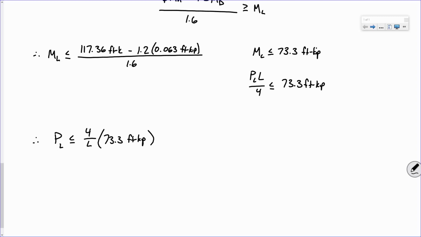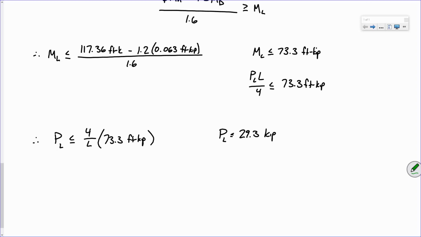And what was L? 10 feet? So that's 4 over 10. So what's 4/10 of that? 29.3 kips.